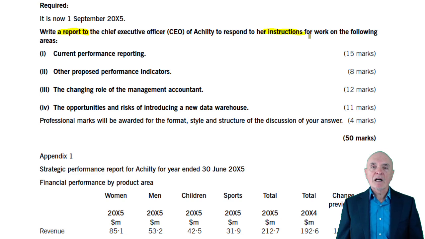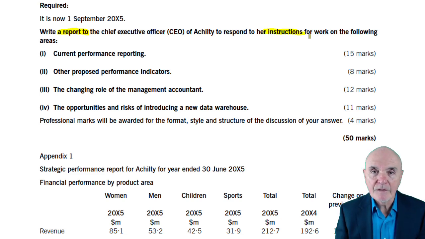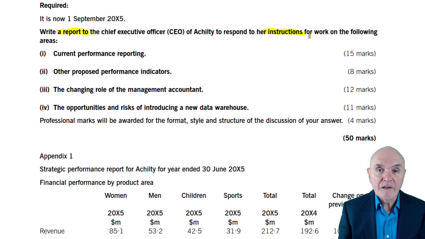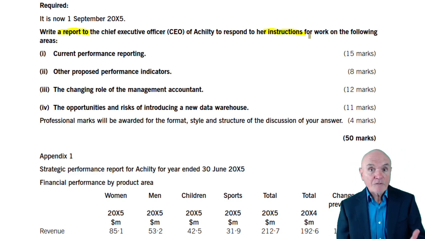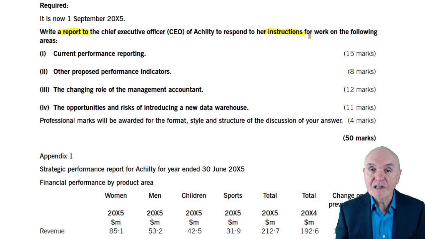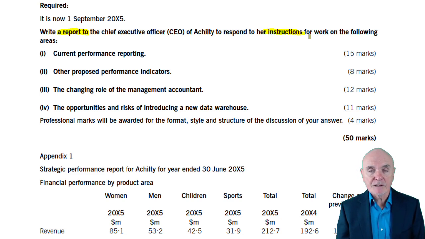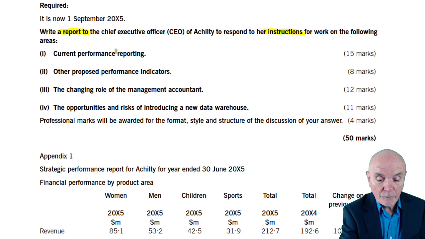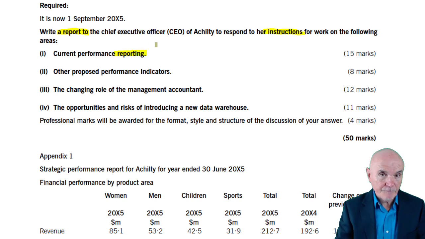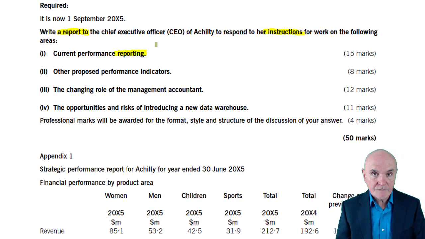The examiner asks for you to appraise, for example, the performance reporting system, or the way it's laid out, for example, what it actually contains on it, and students go in and they start trying to comment on performance. That is not required on this. It is reporting, it is the system which is used by the company.